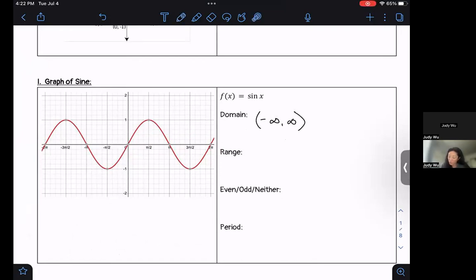Now, even though the domain goes forever and ever in both directions, one thing that we might notice is that our range is actually restricted, meaning I see a maximum point and a minimum point, and then the graph just sort of travels in between these two.